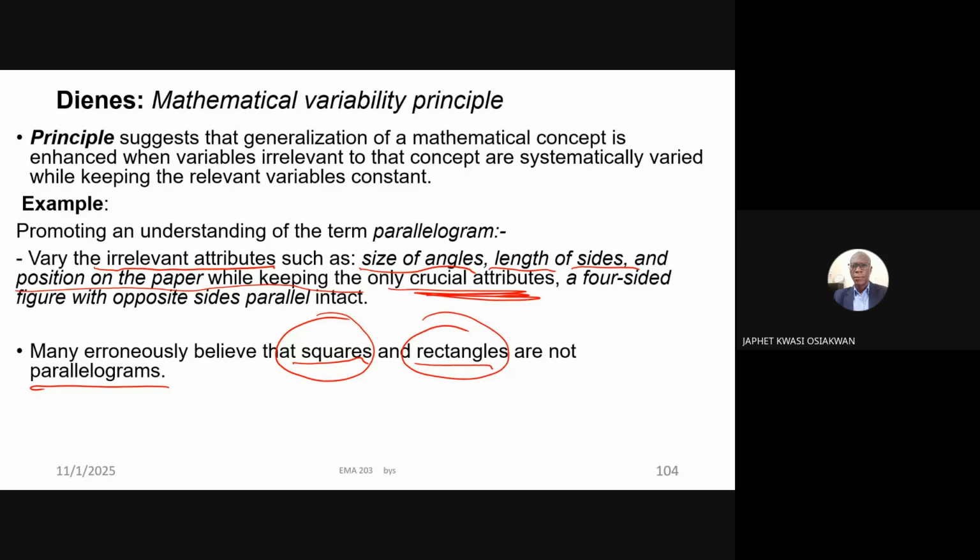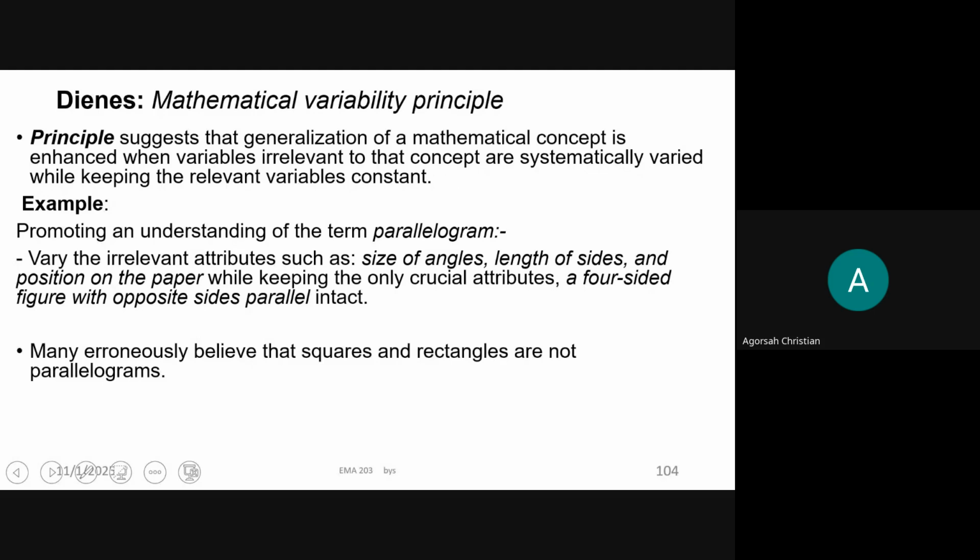How many of us know that a rectangle is a parallelogram? And you say, since it has four sides, any four-sided figure is a parallelogram, with the feature of having 90 degrees. No. Any four-sided figure is not a parallelogram.